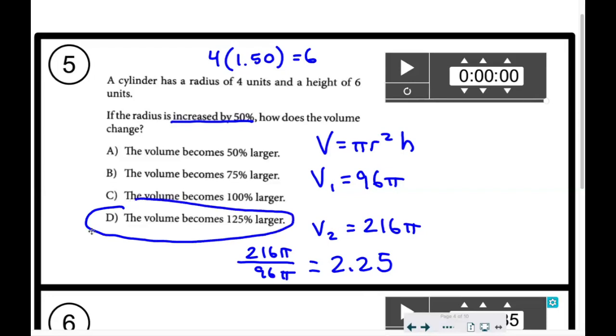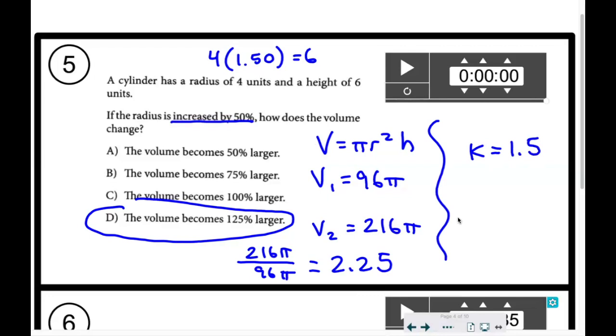All right, that makes sense. Good. So now the quick way to do it would be to use the scale factor, but instead of thinking of it as volume, which will be three-dimensional, since the height doesn't change, if we ignore that, we can say that the scale factor, or what the radius is being multiplied by, is 1.5.